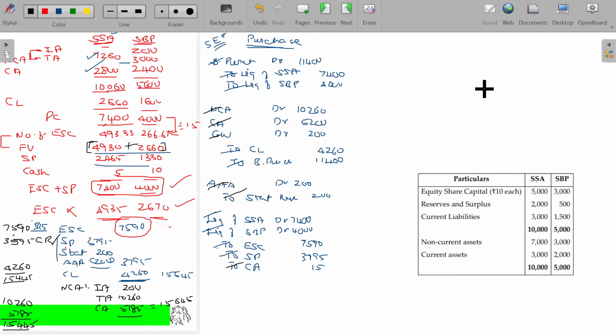Under the pooling of interest method. Balance sheet, the current assets are 5,185 only. So what happens if I follow the pooling of interest method?